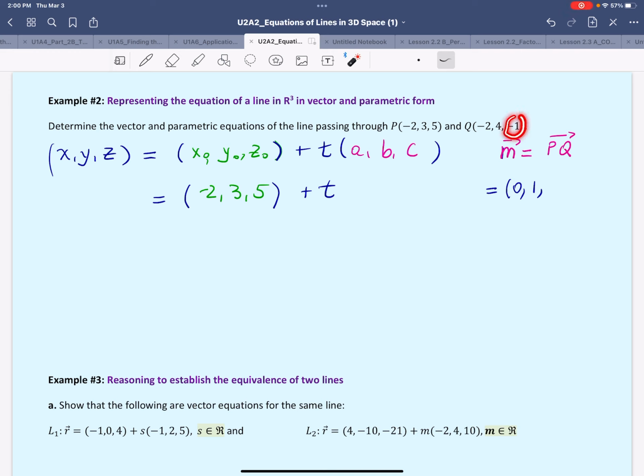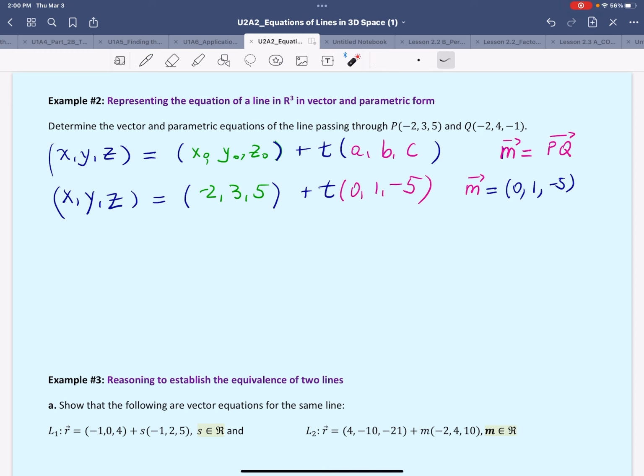And for z coordinate, -1 minus 5 is -6. Hmm, as stated, -5. So this can be a possible direction vector. Again, any other multiple of it may work, but I'm going to leave it at (0, 1, -5) for now. And we'll say that the vector equation of a line that passes through the indicated points P and Q would be (x, y, z) equals (-2, 3, 5) plus t(0, 1, -5).